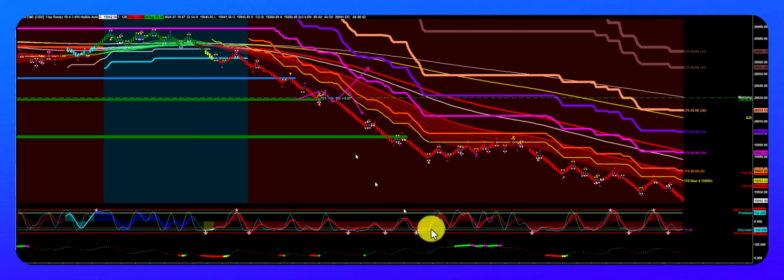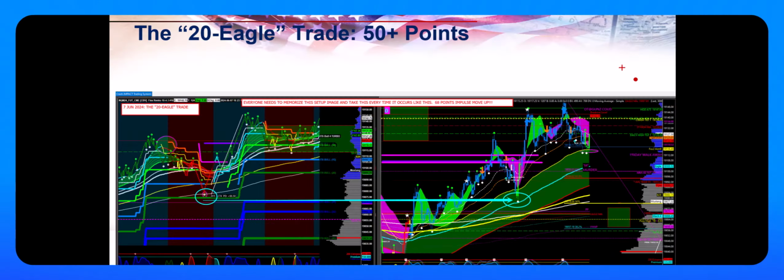But if you learn both systems, and you look at the confluence from both sides, and you start adding to winners when you see those confluences on the bigger time frames, the 20, the 35 specifically, you can add to those winners and make a lot more money.